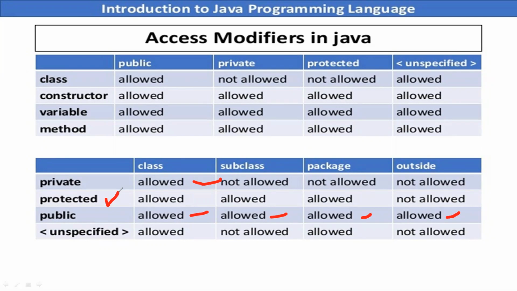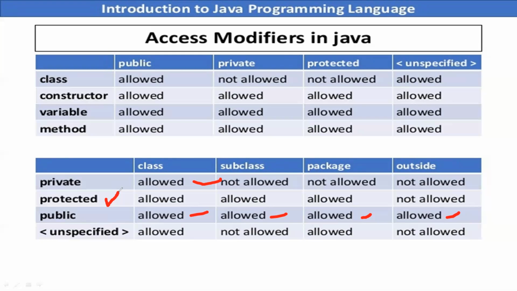And the last one is unspecified. If we don't use public or private or protected before declaring a variable or a method, then that particular variable or method can be accessed in the class and can be accessed in the package.